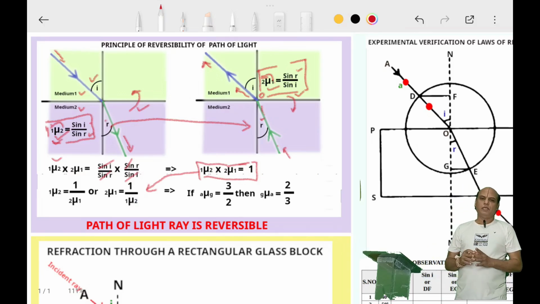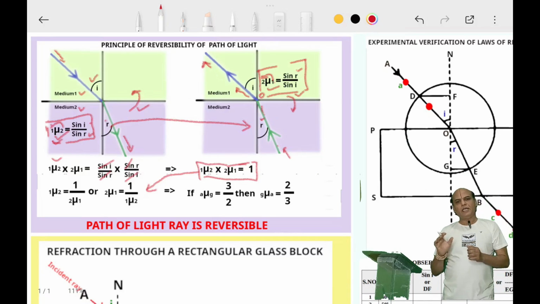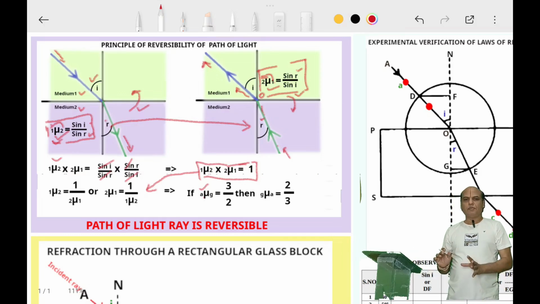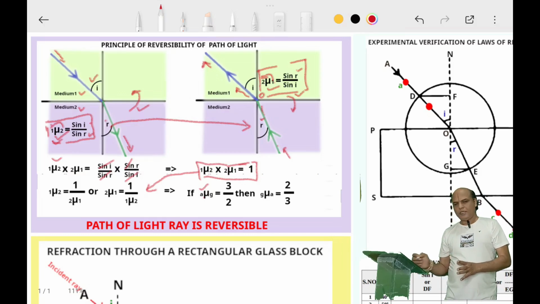Now, for example, if I say the refractive index of glass with respect to air, that is a mu g, is, suppose, 3 by 2, that is 1.5.